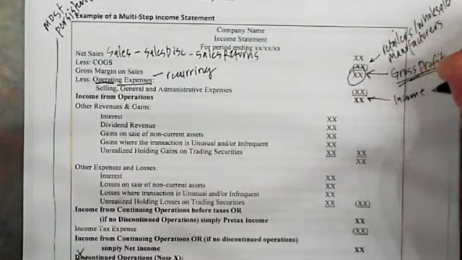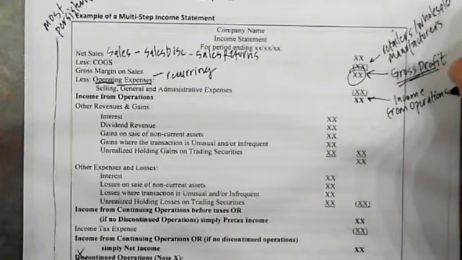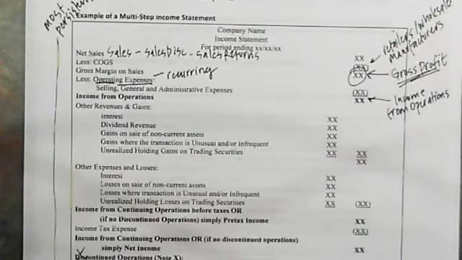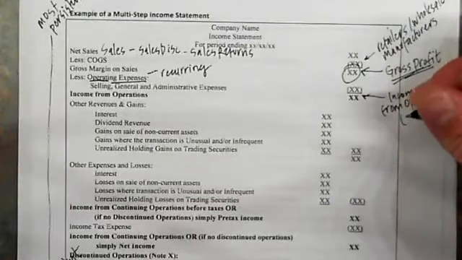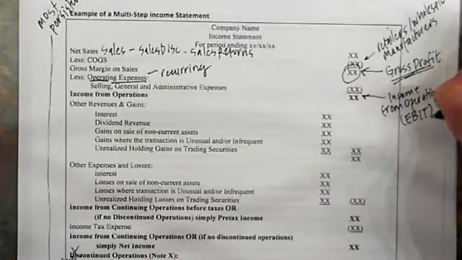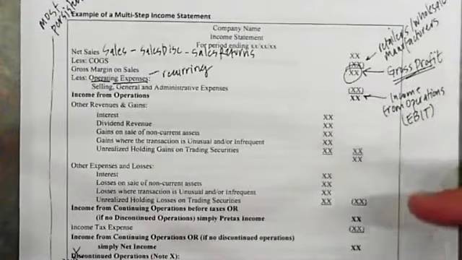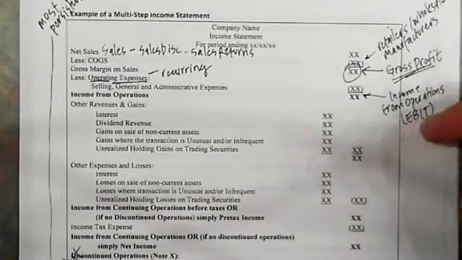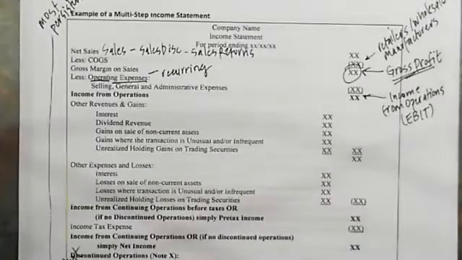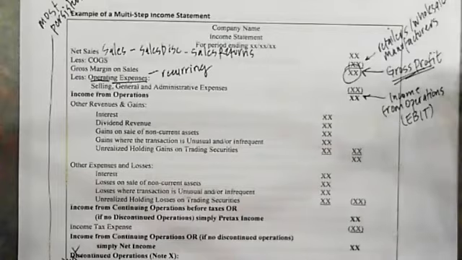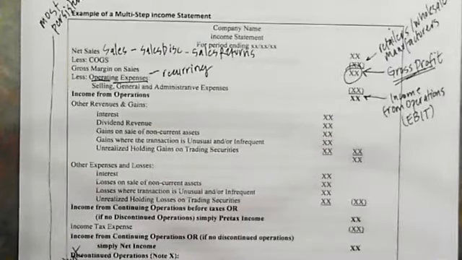And for most firms, this is your EBIT, because the interest and the taxes fall below down here. So when you're talking about EBIT, yes, it is literally earnings before interest and taxes. However, it will also sometimes be construed as just operating income, income from operations.